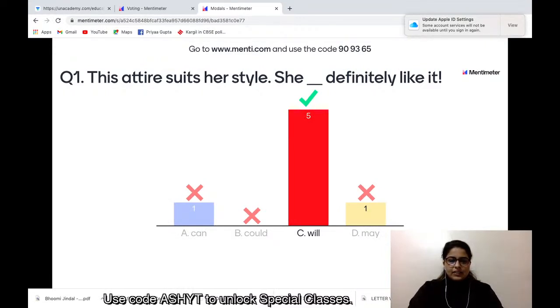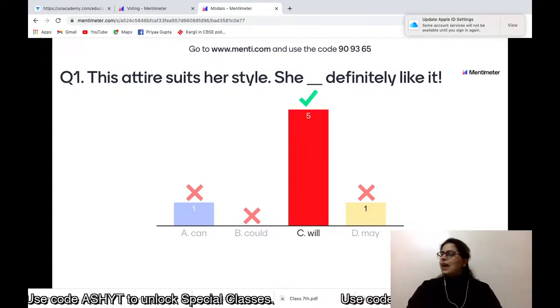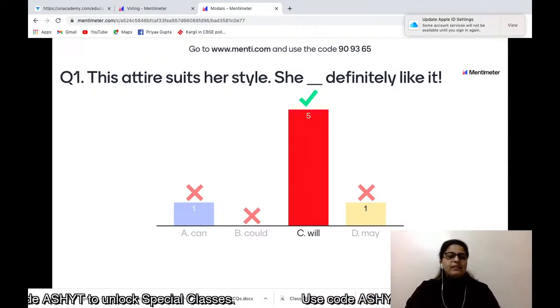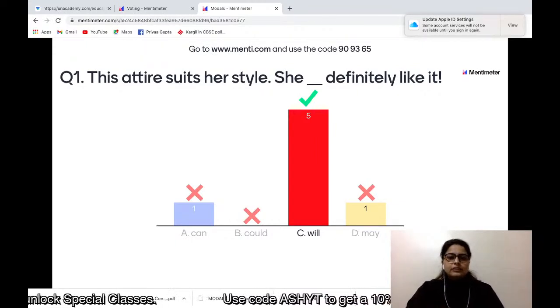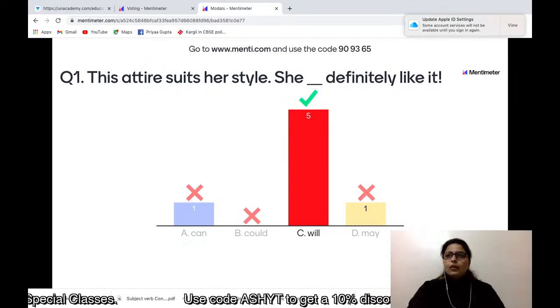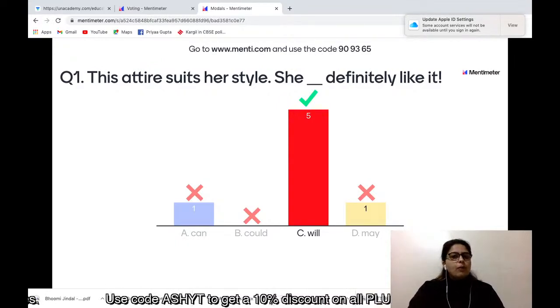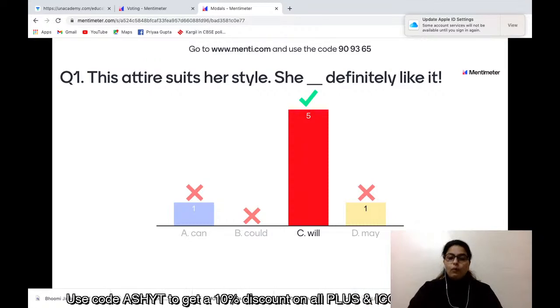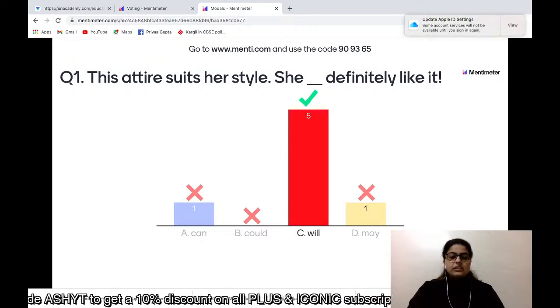Somebody answered can and someone did may as well. No, kids, please understand that may is primarily used when we are either seeking permission or we would like to request, right? Could is the past form of can. So therefore, we are not going to use it because the sentence is written in present.